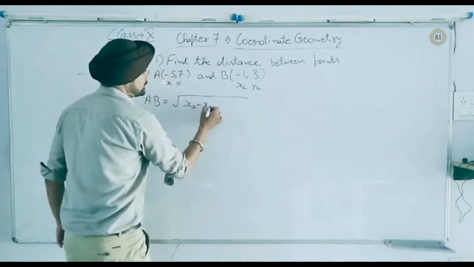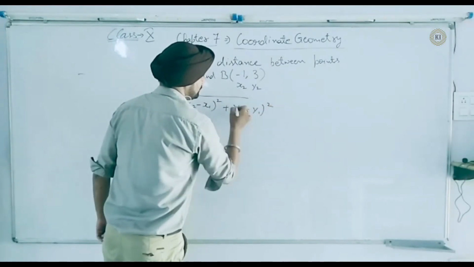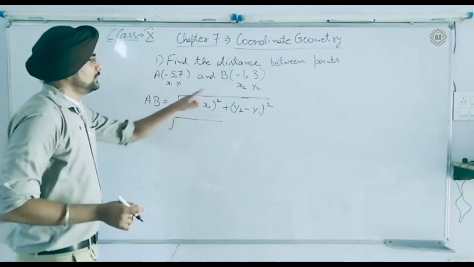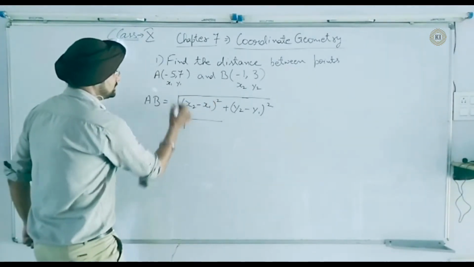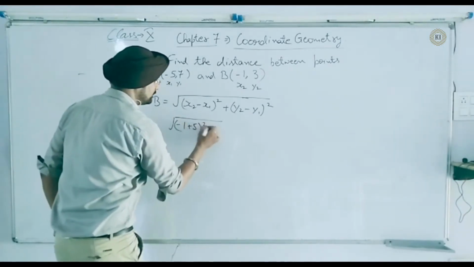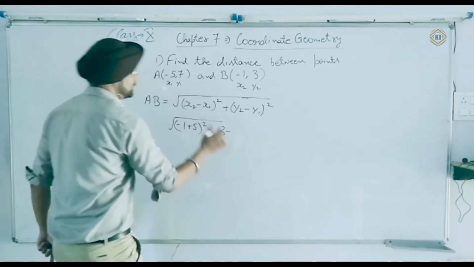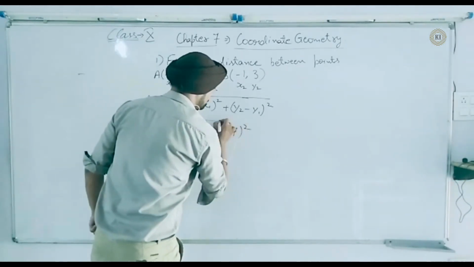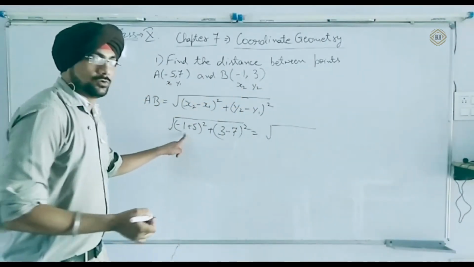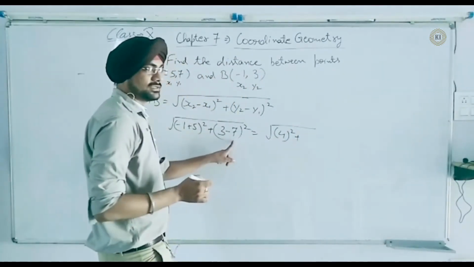Now here we are going to calculate distance AB by applying the distance formula, that is under root (x2 minus x1) whole square plus (y2 minus y1) whole square. So under root, x2 is minus 1, minus of minus 5 will become plus 5, plus y2 is 3 minus y1 is 7. So when you solve here, minus 1 plus 5 will be 4. It will be 4 square plus 3 minus 7 is minus 4.